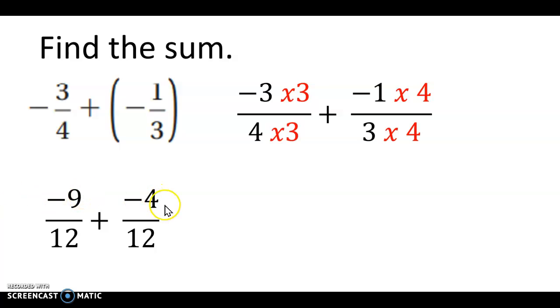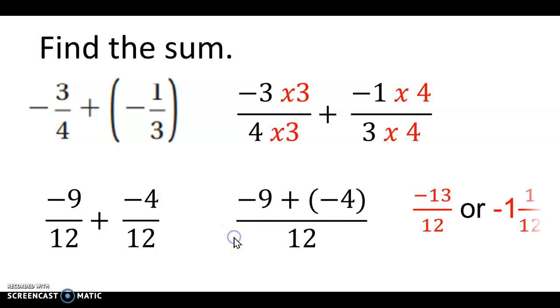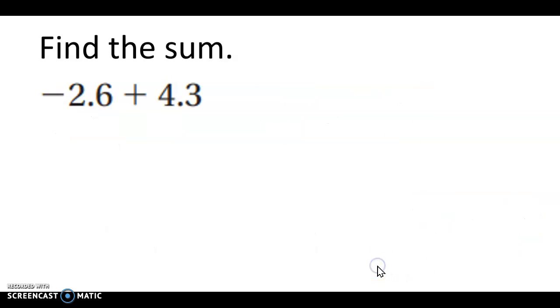So -9 plus -4, since they're both the same sign, you add and keep. So we end up with -13 over 12, which is -1 and 1/12 when you change it to a mixed number. All right, last one, decimals.